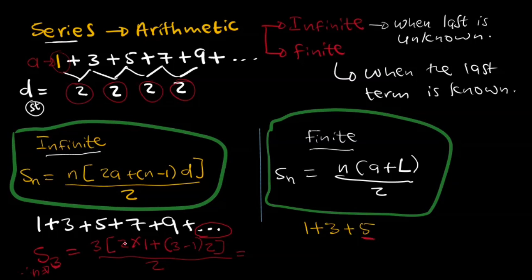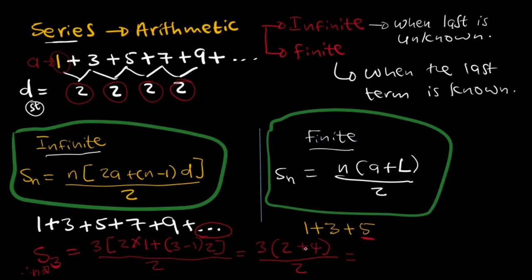Now, 2 times 1 is 2. Now, 3 minus 1 is 2 times 2. That will be 4. All over 2.